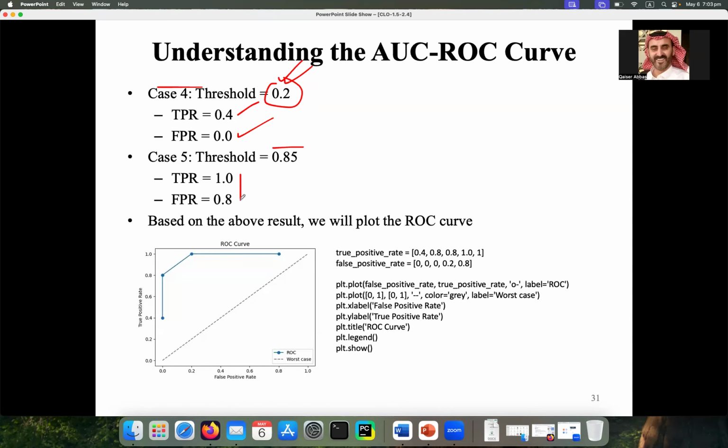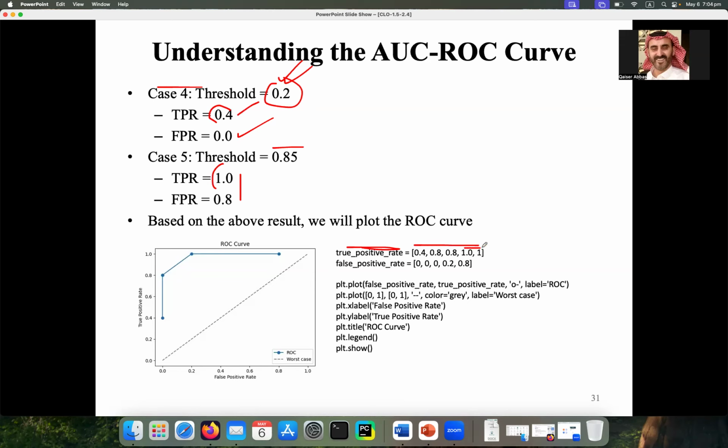Now we can draw that auc-roc curve. How can you use that? The code is here. The true positive rate, TPR, whatever values you got here at different thresholds, I'm writing all those values here. One is this 0.4, 0.8 2 times, 1.0.